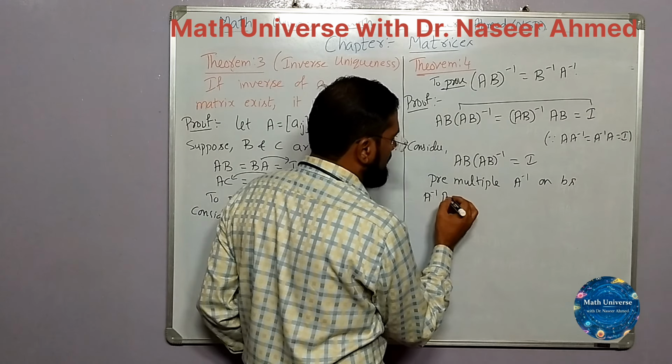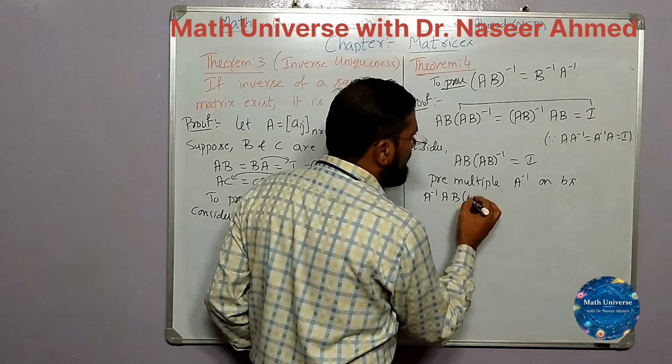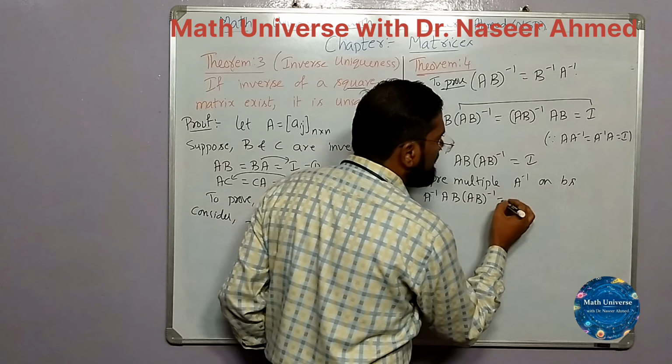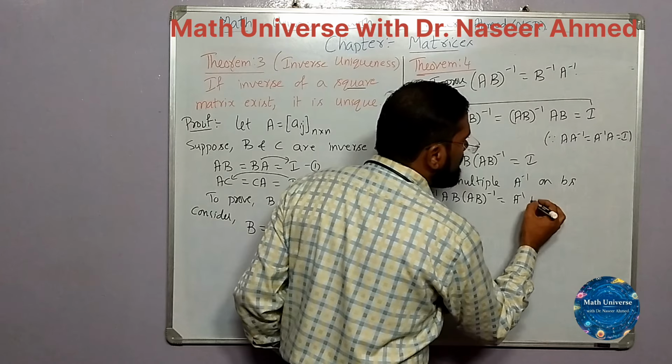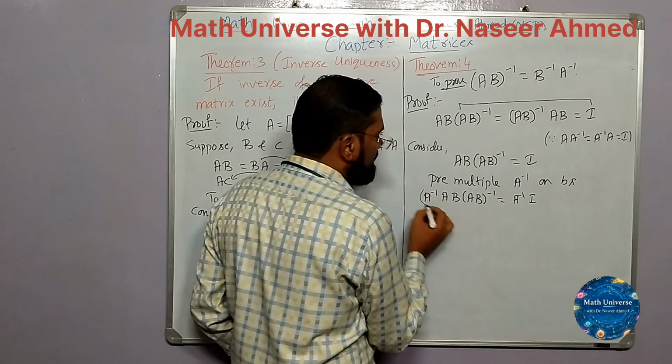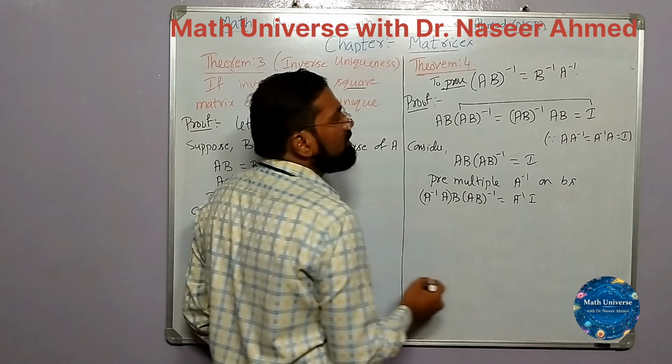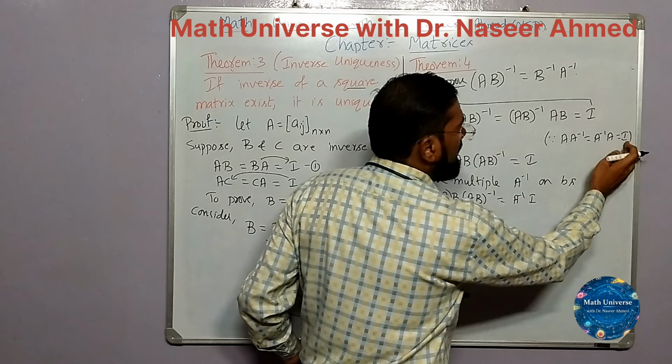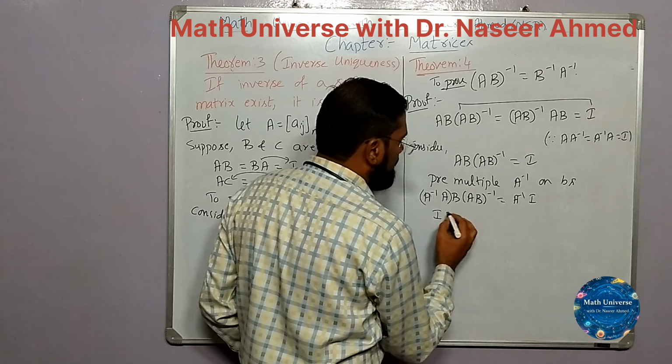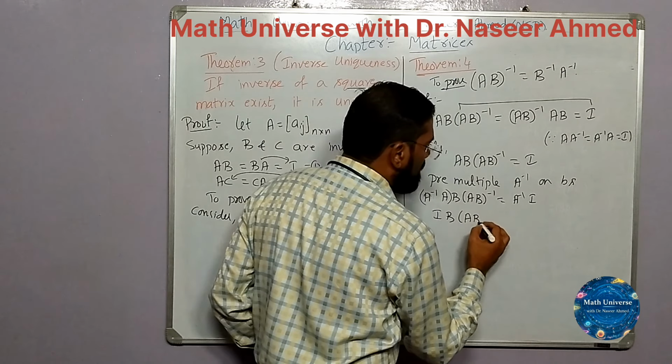So A inverse into A, then B, then the whole inverse of AB is equal to A inverse into I. What is A inverse into A? It is I. So I can write this as I into B, then the whole inverse of AB.